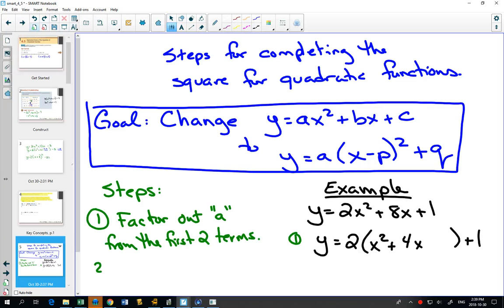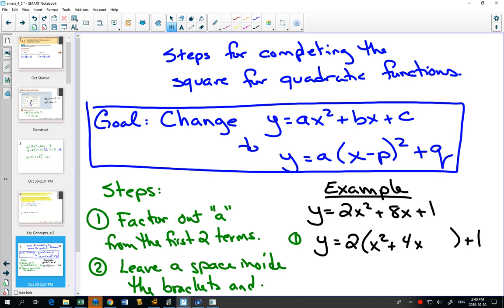Step 2, we're going to leave a space inside the brackets and outside of the brackets.